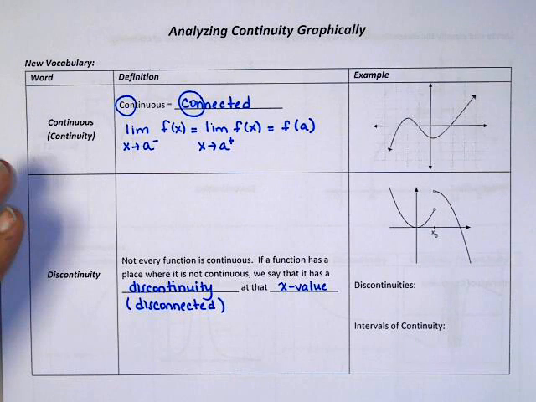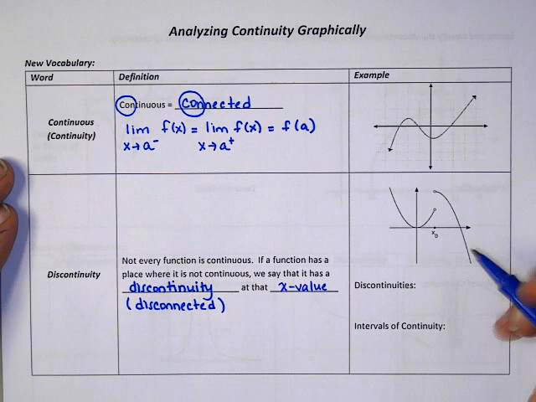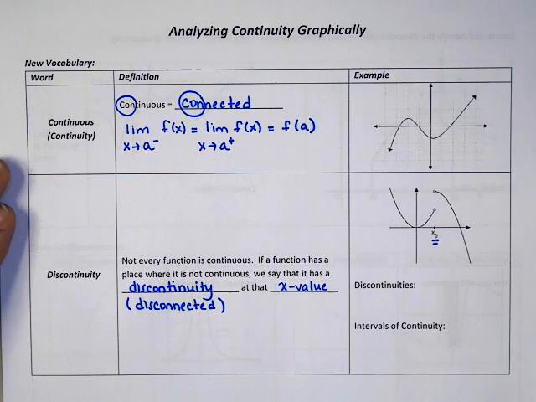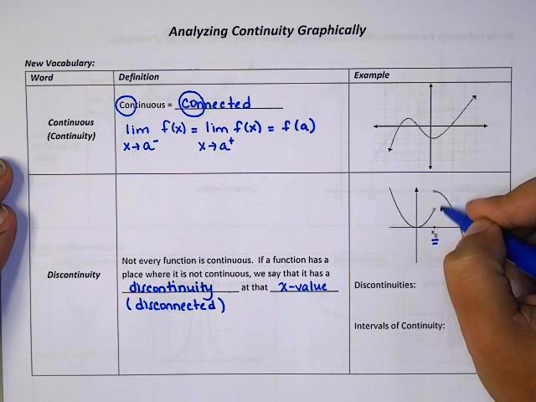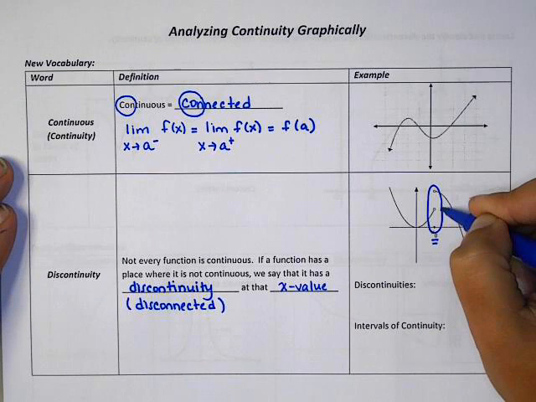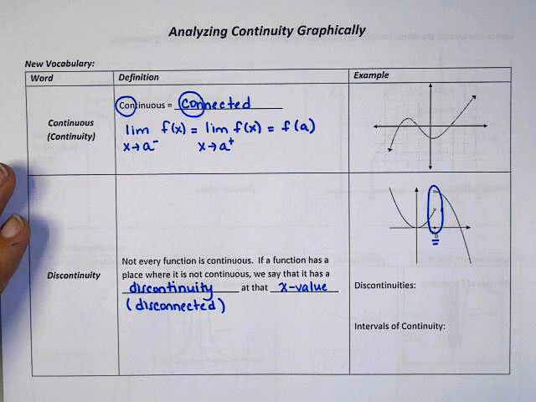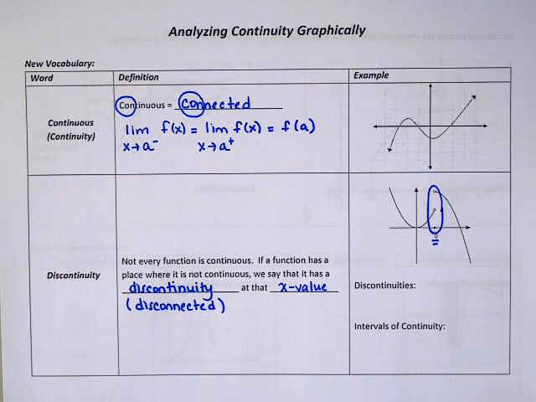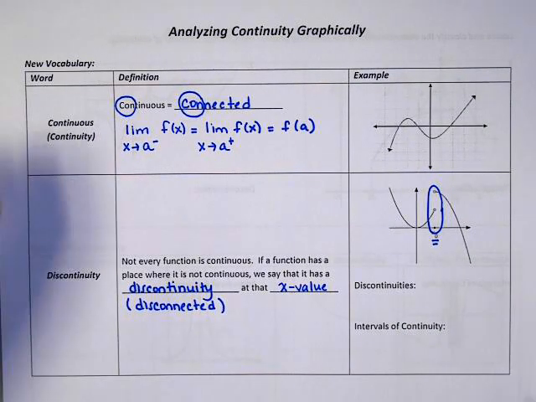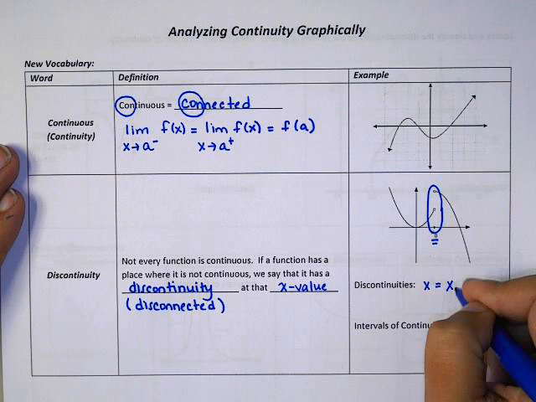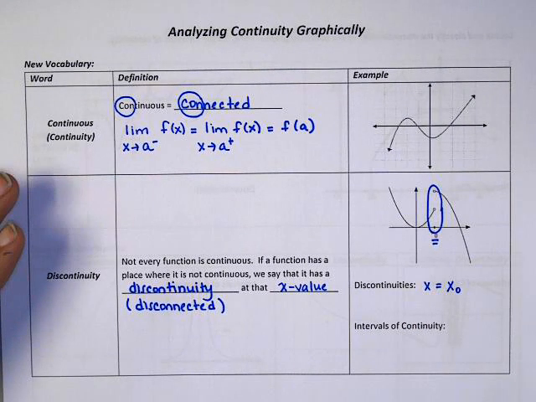For example, on this graph, we can see that there would be a discontinuity at x sub 0 because the graph is not connected at that place. There's an open circle, and then there's a closed circle. So the graph is not all connected to each other there. So the discontinuity would be located at x equals x sub 0.